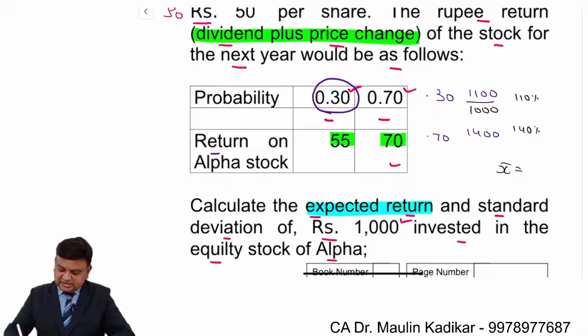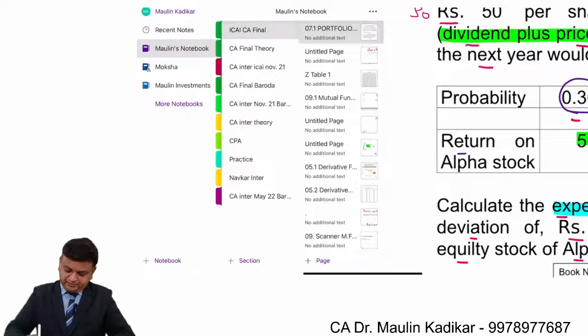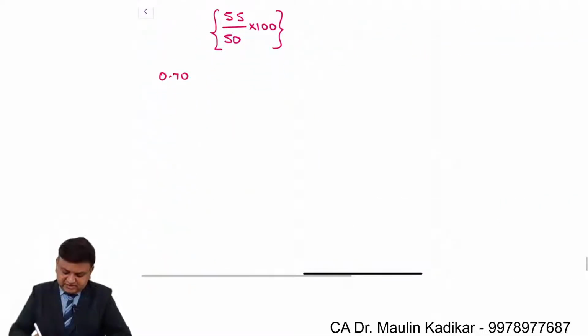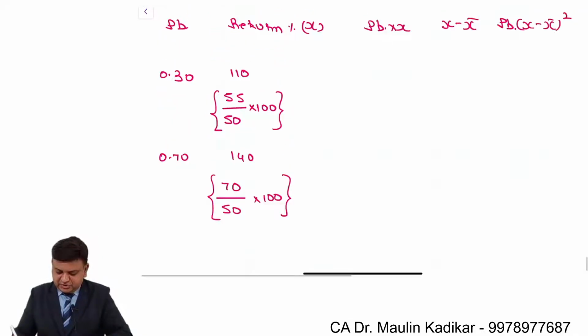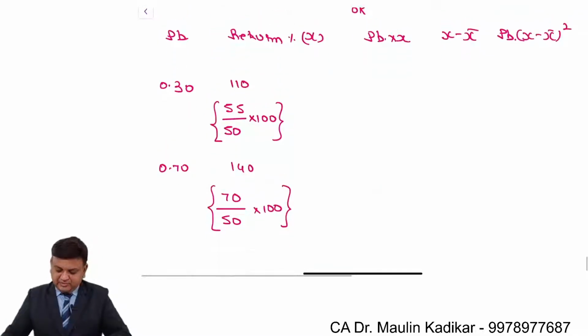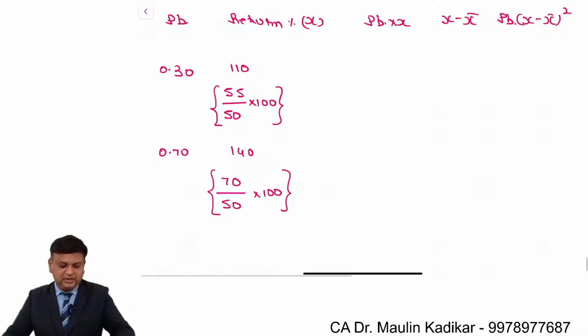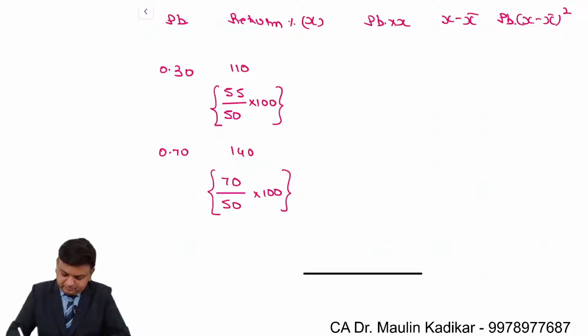In the next case it is 70 rupees. So now we understand it is 70 upon 50 into 100, that comes to 140 percentage. So now probability into x, so 0.3 into 110, that comes to 33.